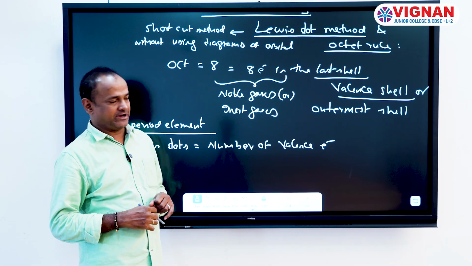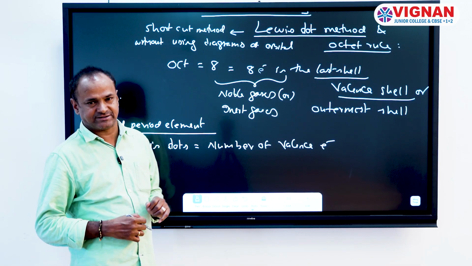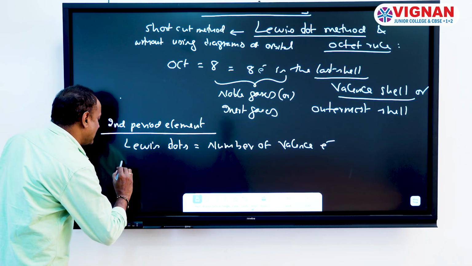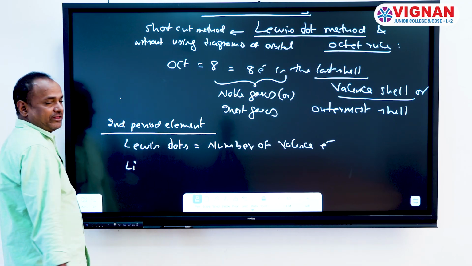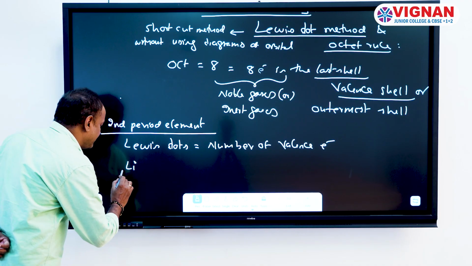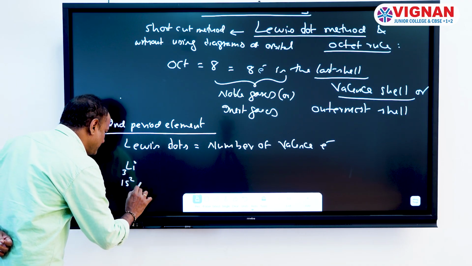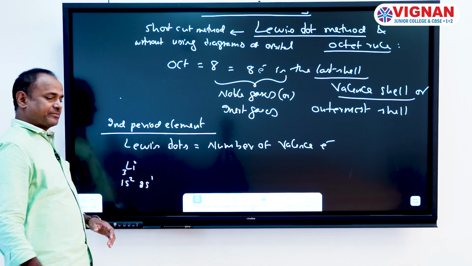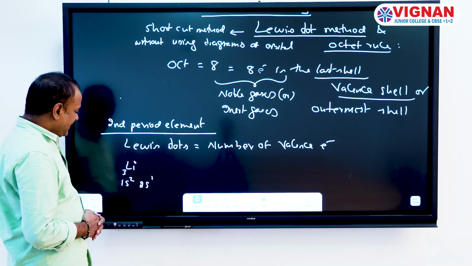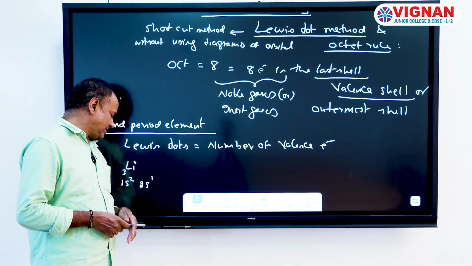That is the first rule. Let us take lithium first. Lithium has atomic number 3, with configuration 1s2, 2s1.